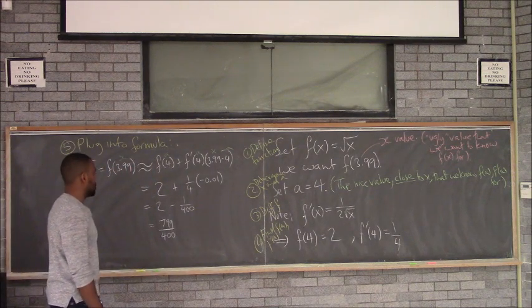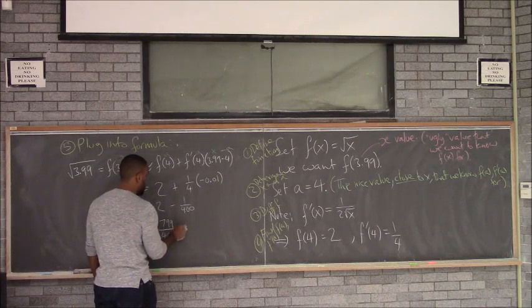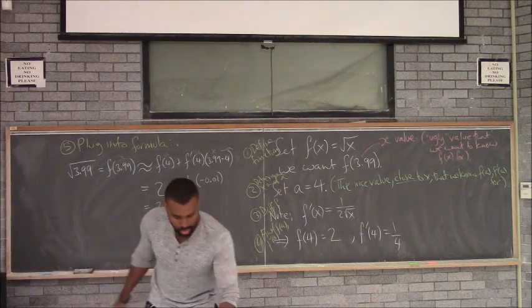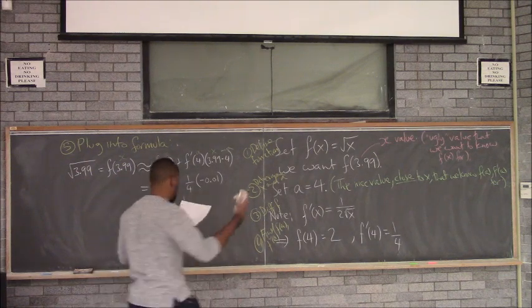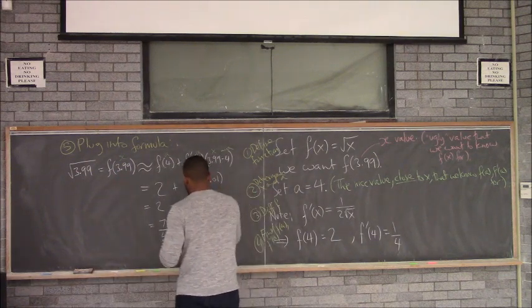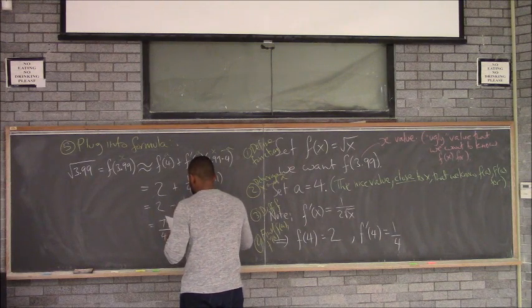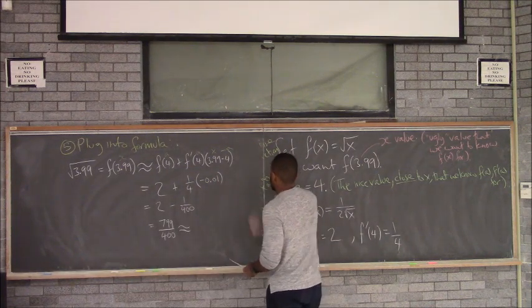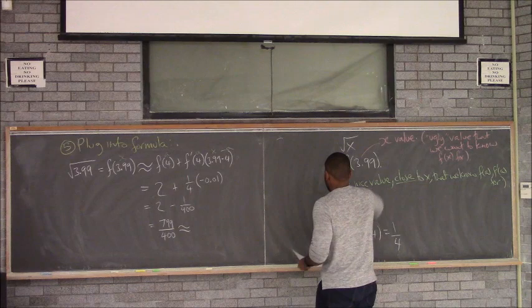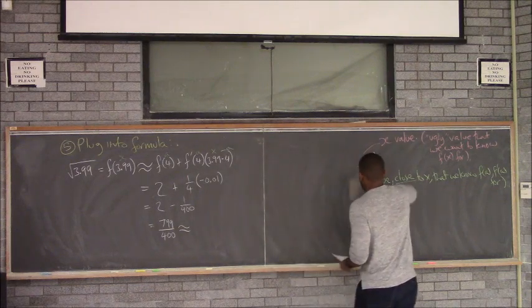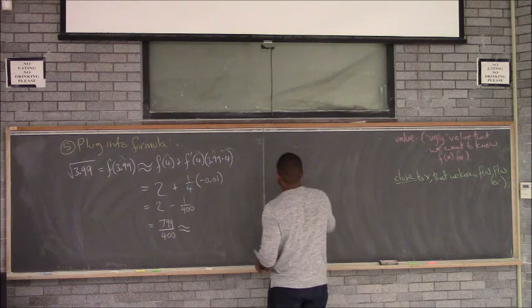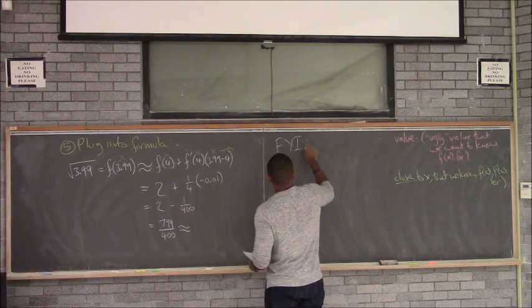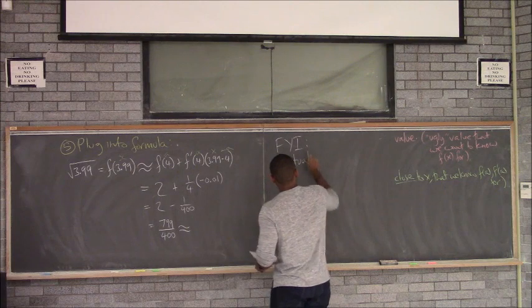Now, I actually worked this out. You can double check on your calculators if you want, or your cell phones or whatever. But this actually turns out to be 1.997. Wait, no, I didn't do that on my calculator. What I actually computed was the actual answer.